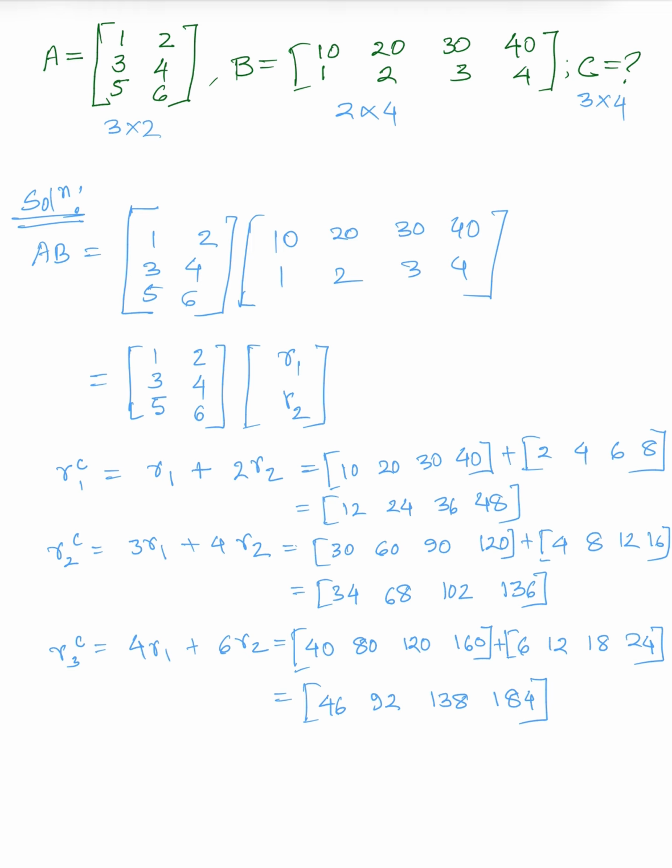So let's multiply by 5. So it becomes 50, 100, 150, and then 200.